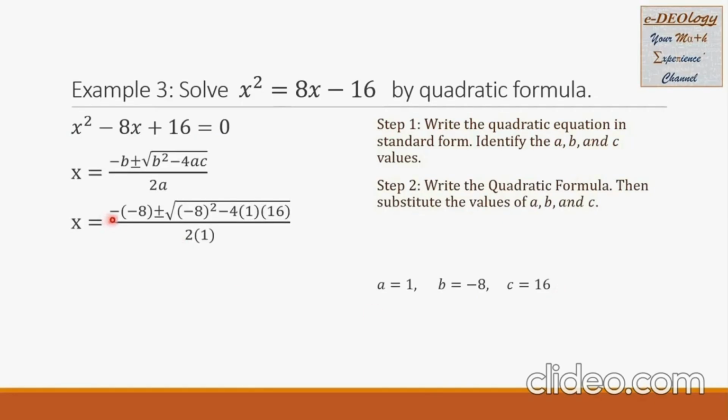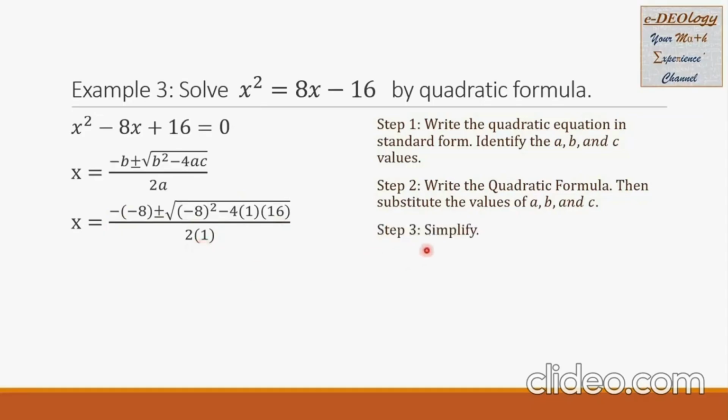So this is now the negative of negative 8 plus or minus the big square root. The square of negative 8 is here, then minus 4 times a, which is now changed into 1, times c, which is now changed into 16, all over 2 times a, and a is now changed into 1.